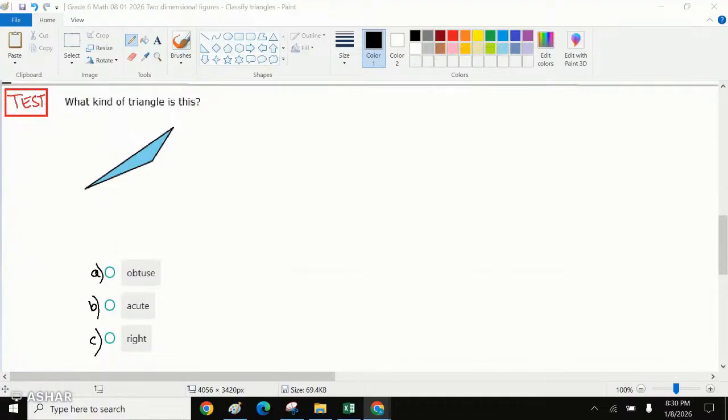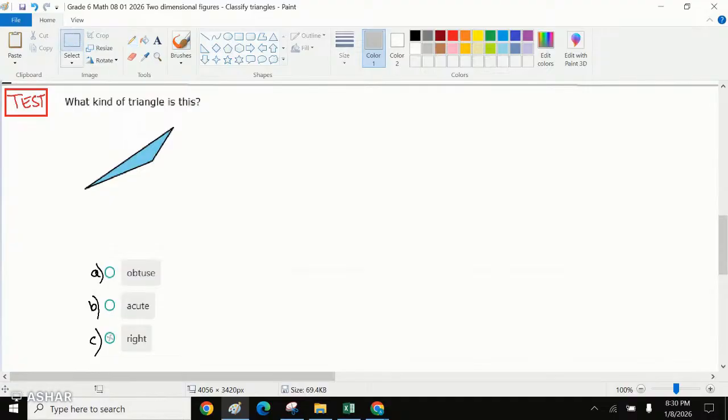For a triangle to be right angled, there must be one 90-degree angle. We cannot see a 90-degree angle, so that means it's not a right triangle. We have two options left, obtuse or acute.